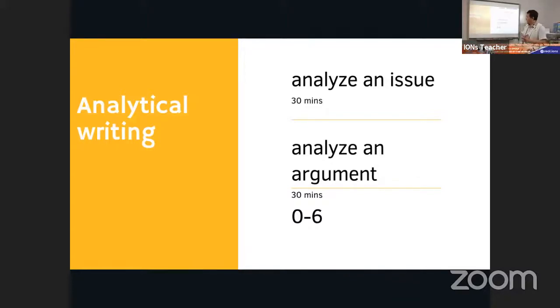And analyze an argument is equivalent to the GMAT analytical writing, where you have to analyze an argument objectively without including your personal opinion. The range of score is from 0 until 6, with half increments. So the score will increase with half increments.